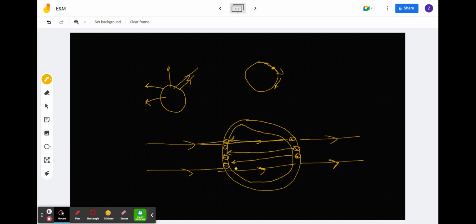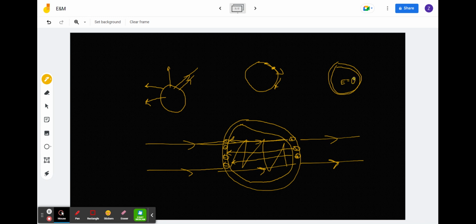These fields actually cancel out. Using our definition of an electric field, if we place a positive charge within the center, it's going to be pushed to the right, and it's going to be pushed to the left. We can add up these forces and we'll get a net zero force, meaning that inside a hollow conductor, the electric field is zero. There's no electric field here.